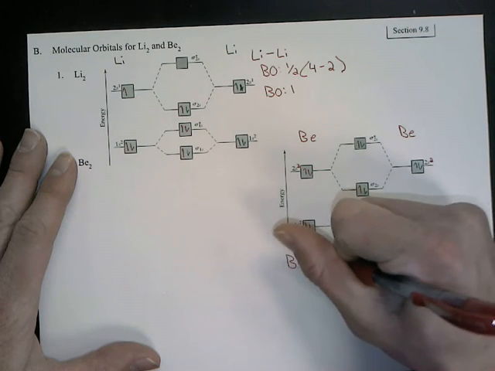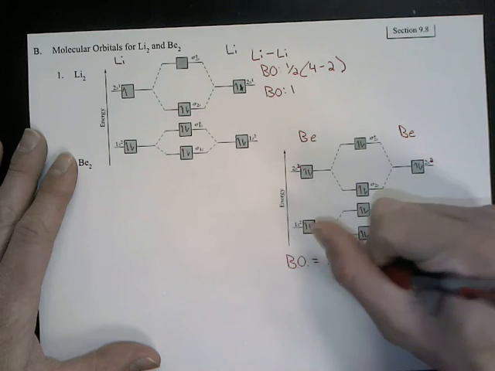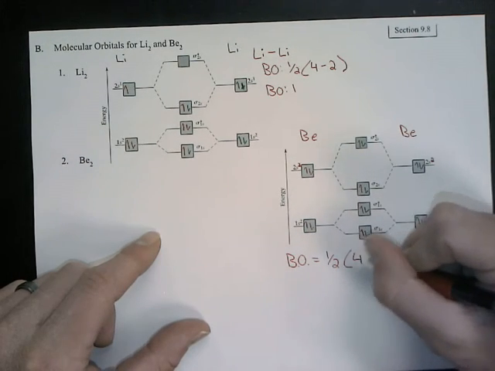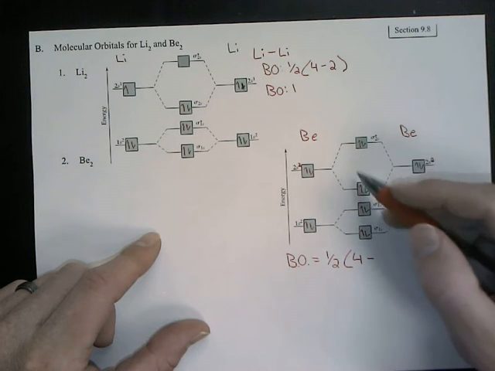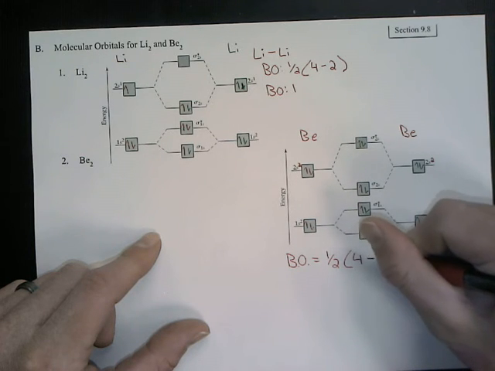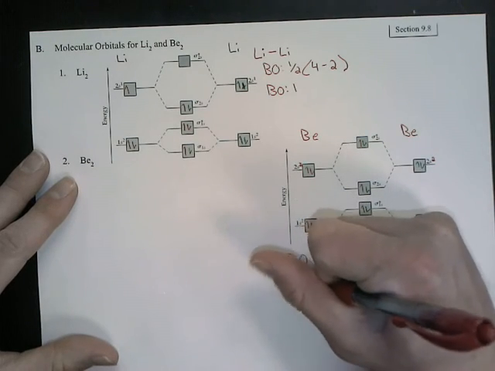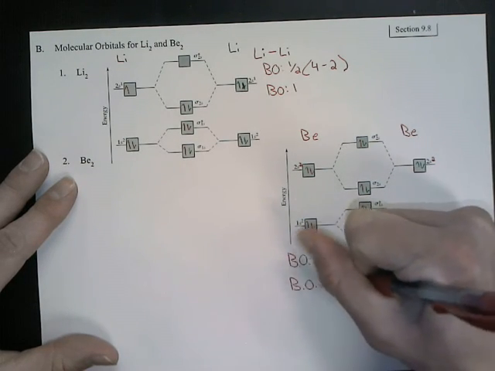So the purpose of the bond order is to go through this. We take the number of bonding electrons, which is 4, minus the number of antibonding electrons, which is also 4. And so this gives us a bond order of 0.